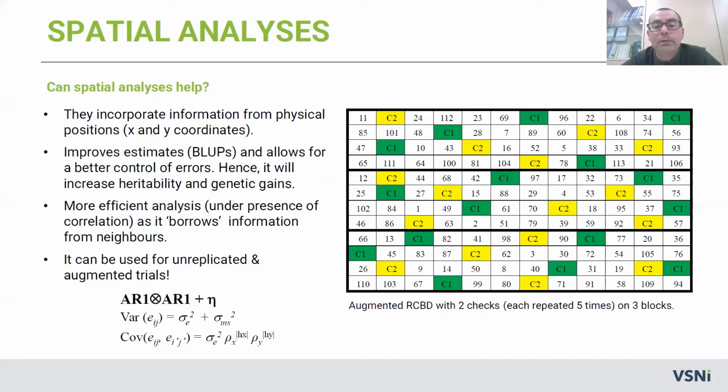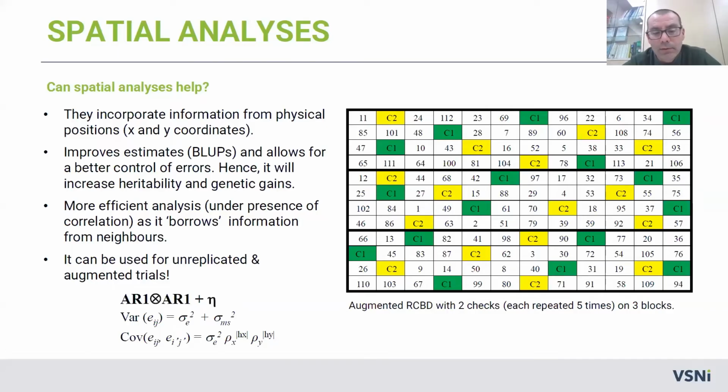So particularly those like row column designs or incomplete blocks that are somehow taking care of the spatial variability can be as efficient as any spatial design. But in general, spatial analysis helps us to improve things, particularly when there's some level of imbalance, improves the breeding value estimation or the total genetic value estimation, normally tends to increase the heritability because we have a better control of what's going on. And the correlation is a nice thing because it borrows information from the neighbor to correct the current observation or all the neighbors.